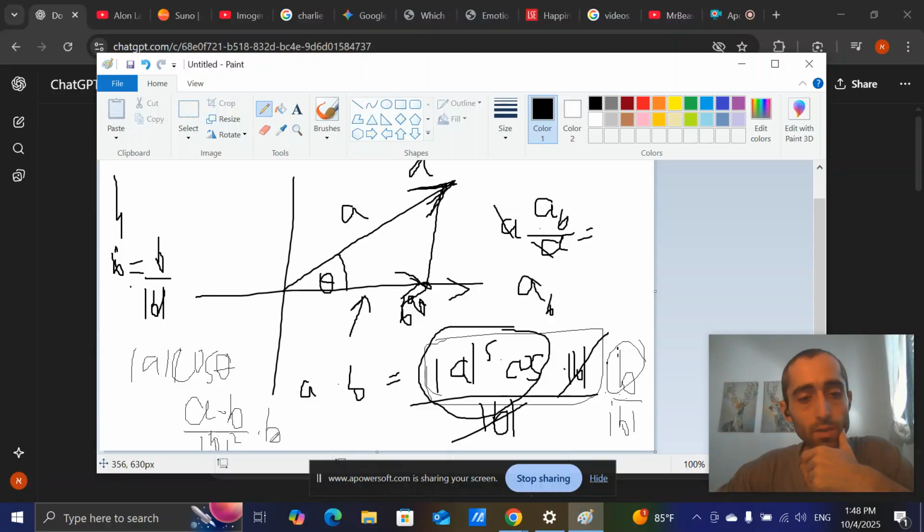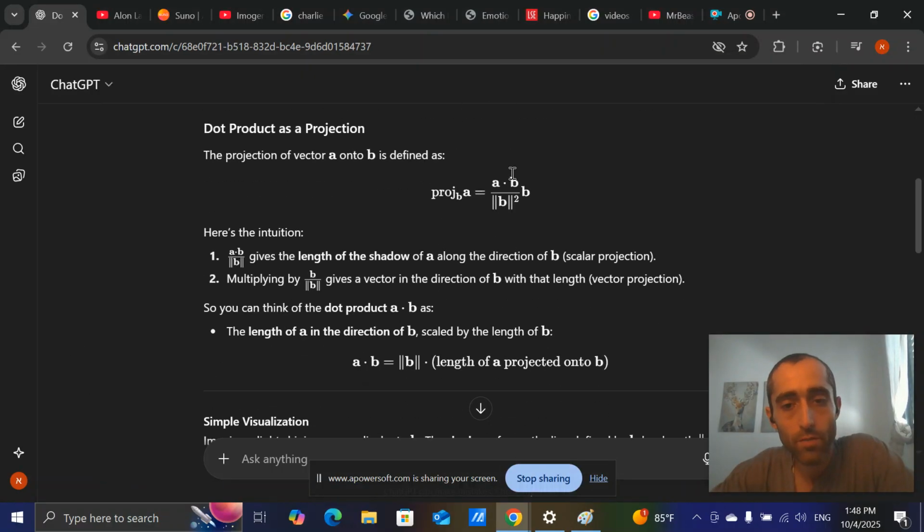So this is exactly the formula for the projection of A onto B for a non-orthonormal vector space, for a non-orthonormal base. This is the formula. You can see it right over here.